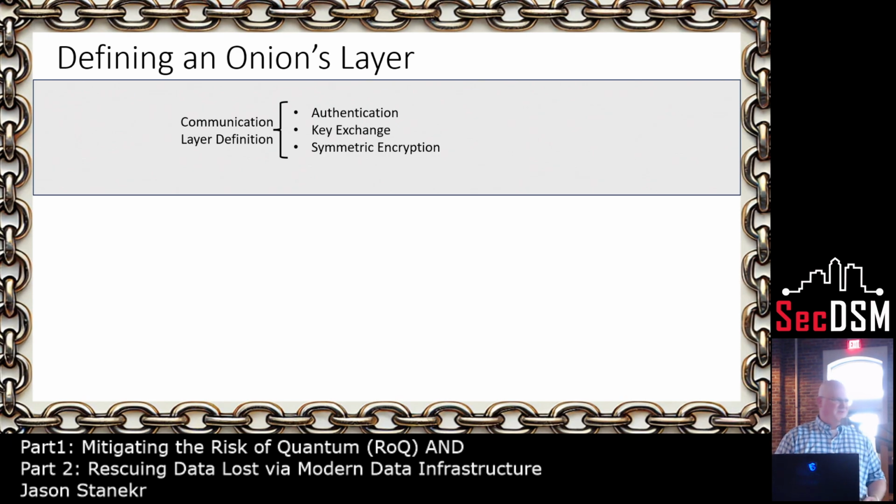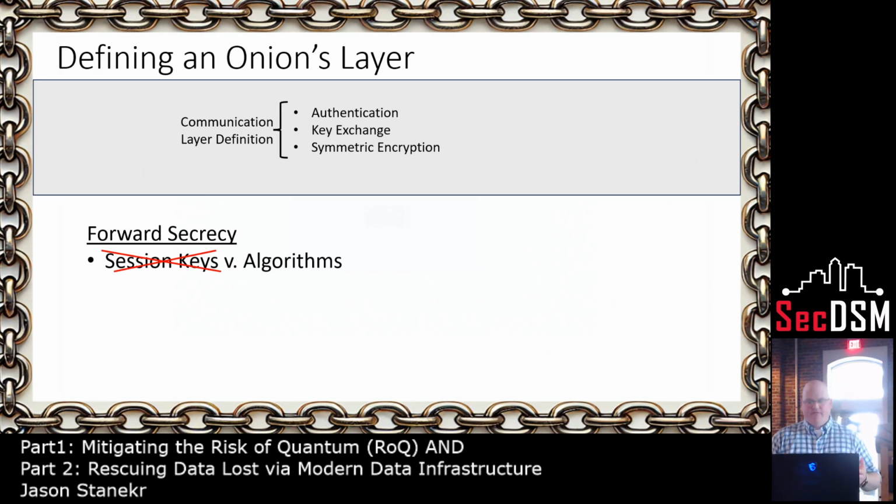I'm not sure I'm going to be able to repeat it quite right, but basically, if a key is broken, future keys are not compromised. Typically we talk about this in the context of communication sessions, but I'm going to talk about it in terms of algorithms, because quantum computing runs the risk of breaking algorithms.